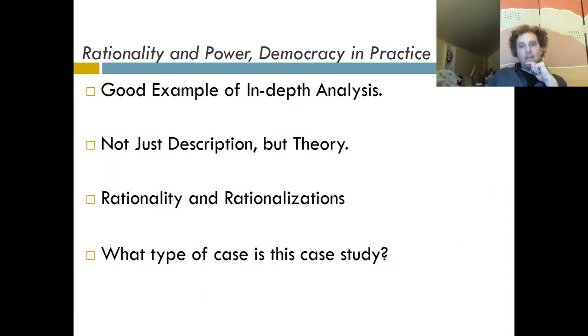So he says, okay, what is rationality? Rationality is when a social group thinks about a problem, right? They think it through, they consider all the possible solutions, they weigh the pros and cons, and then they decide to choose an action that has the greatest benefit, the least cost with the greatest benefit, all right? That's rationality.